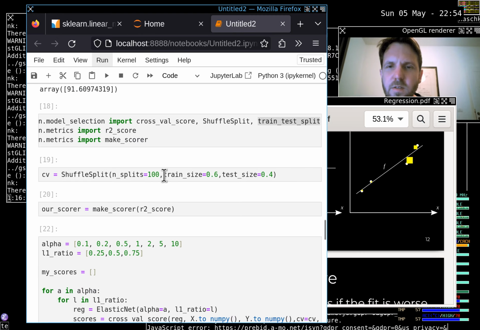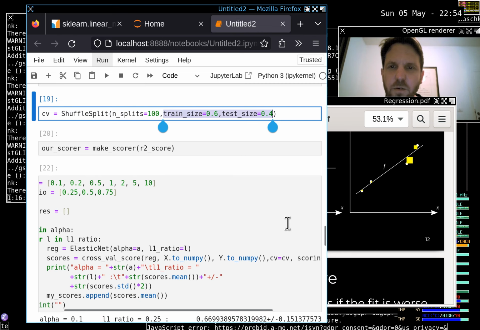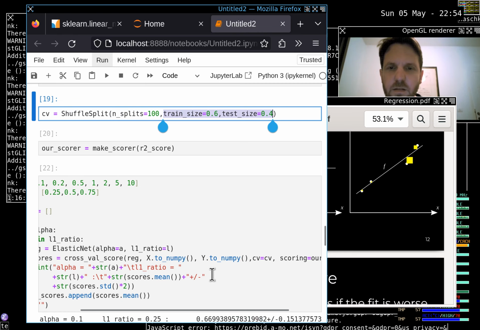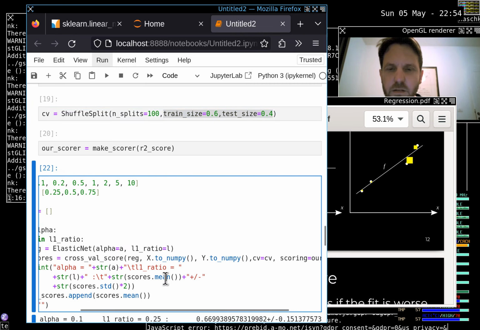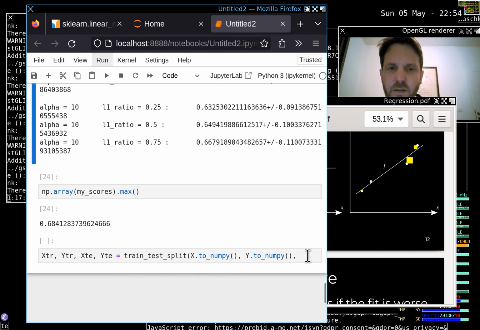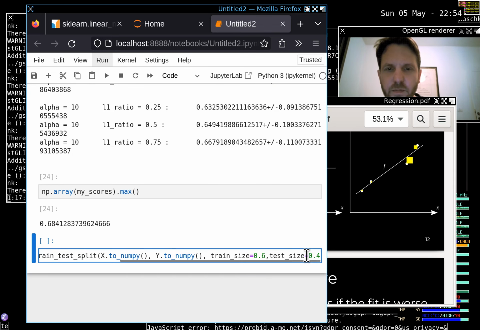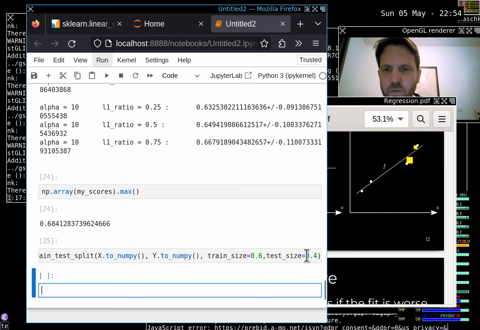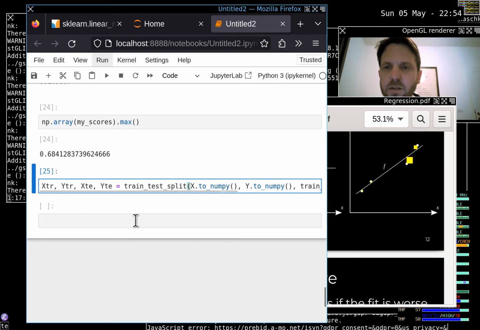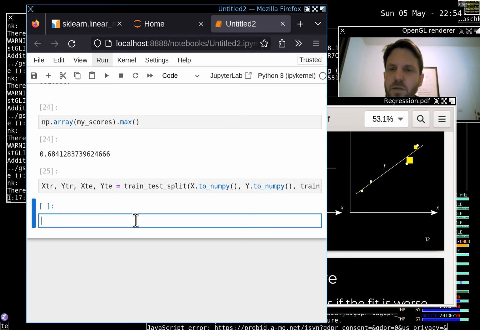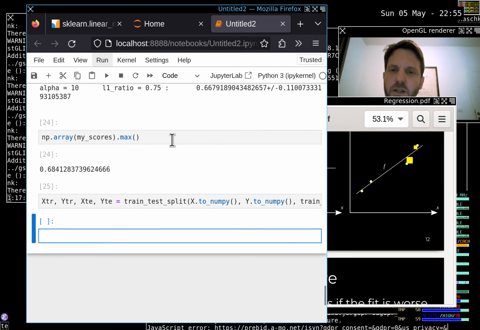So we use train size 0.6, test size 0.4. I copy paste this here, and we have our train test set split, and we can fit our final model and test it out, and this will then be our final model.